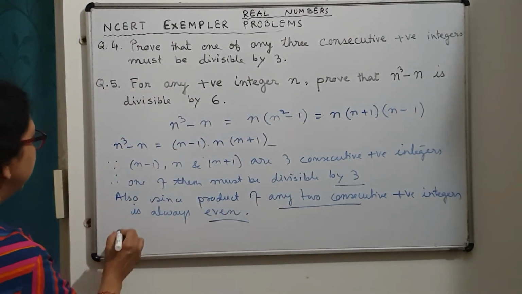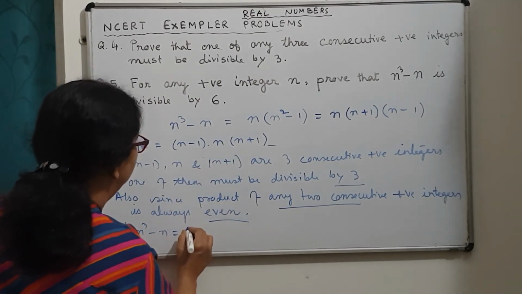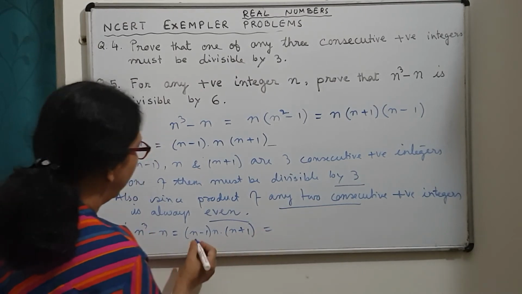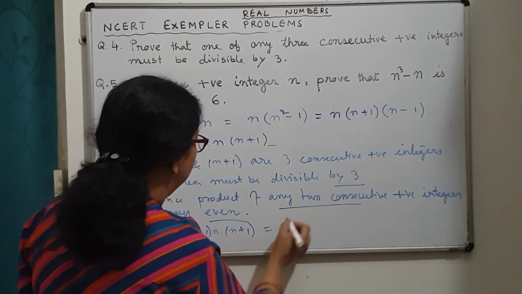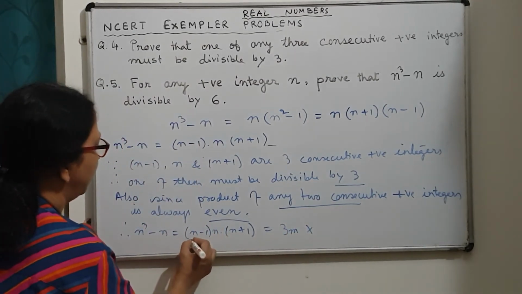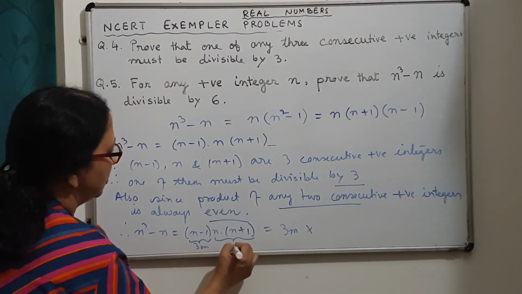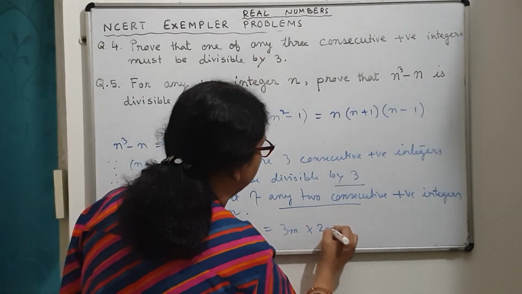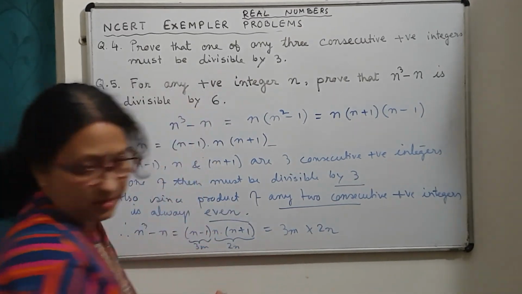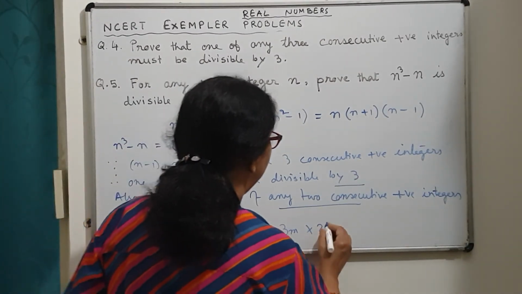So therefore n cube minus n, which is equal to n minus 1 into n into n plus 1, any one of them will be a multiple of 3. So I can write it as 3 into m, suppose this is 3m, then the product of the other two consecutive will be even. So it is 2 into, let me take some different integer, since n is already there, it will be confusing. So let me take 2 into p, another integer.